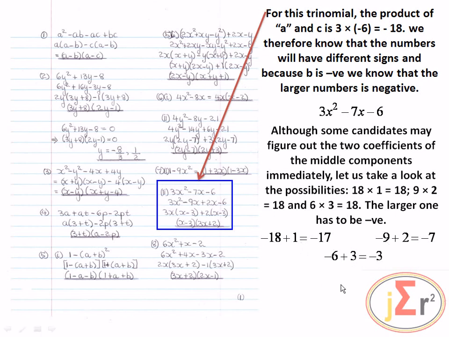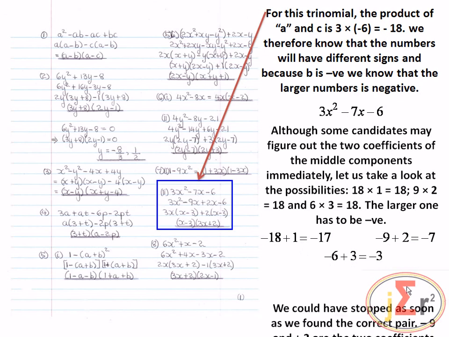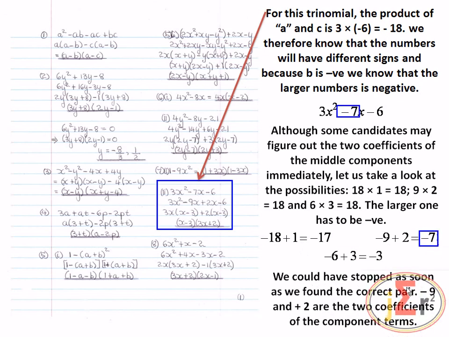The one that gives us the correct negative 7 value is that one, negative 9 plus 2. As a matter of fact, if we are taking a systematic approach, as soon as we encounter the one that gives the correct answer, then we do not have to go to the other ones.